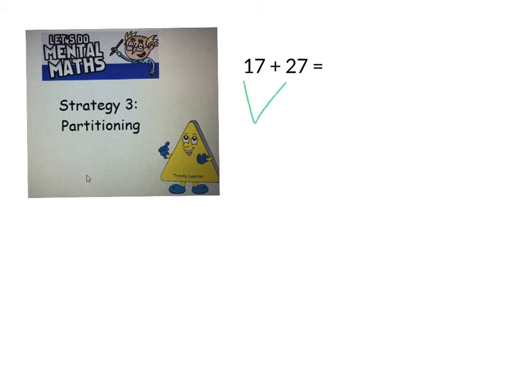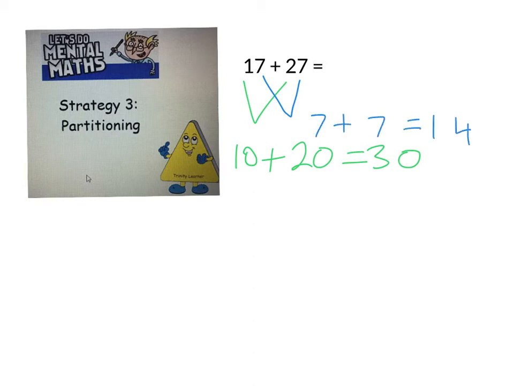So 10 plus 20 is equal to 30. Next, we look at our units column, and we've got 7 plus 7, or double 7. So 7 plus 7 is equal to 14. Finally, we look at our two answers, 30 and 14, and we add those together.